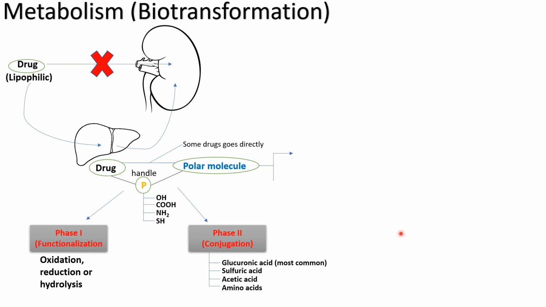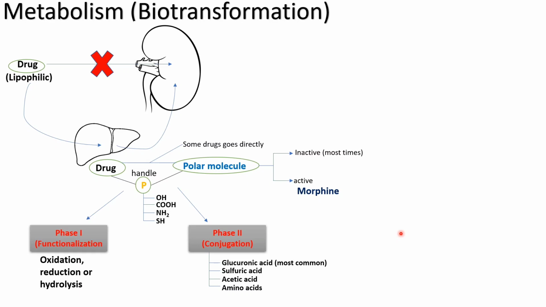Now let's get back to the result of the metabolism. We would mostly get a metabolite that is inactive. It can no more exert any action in our body. But there are some exceptions to this, and the metabolite could be more active.